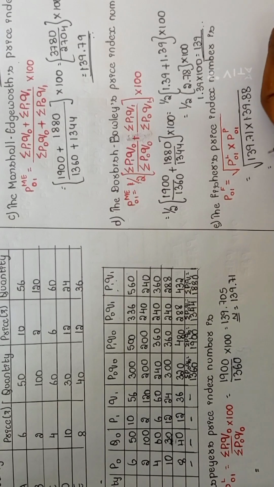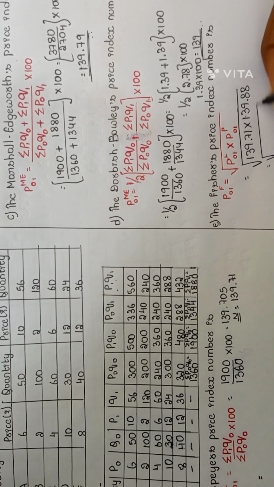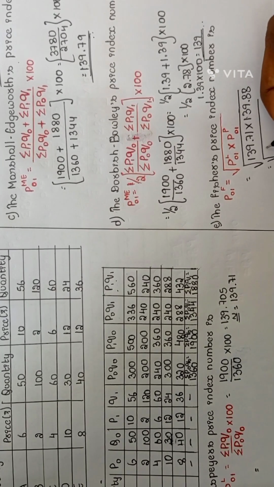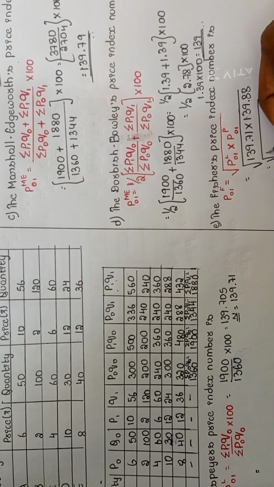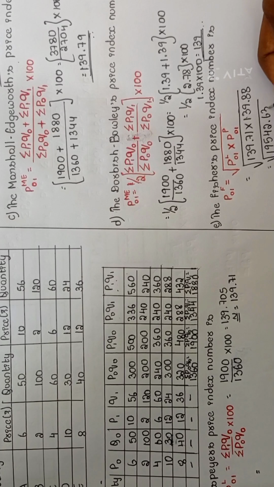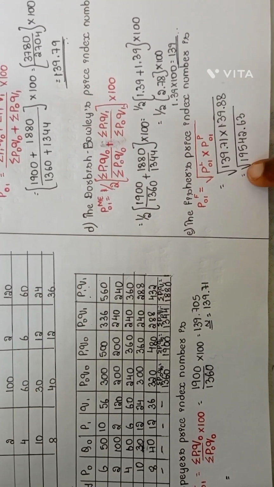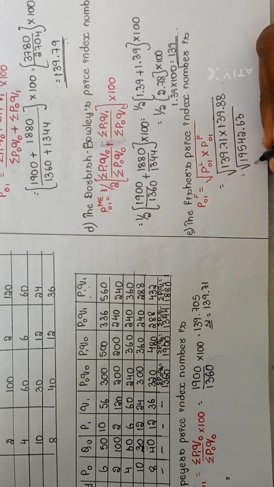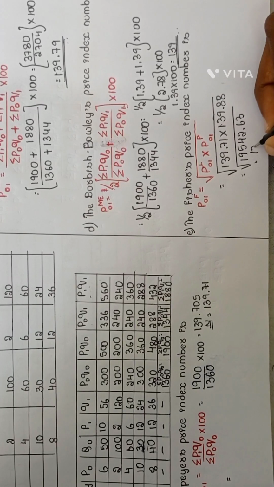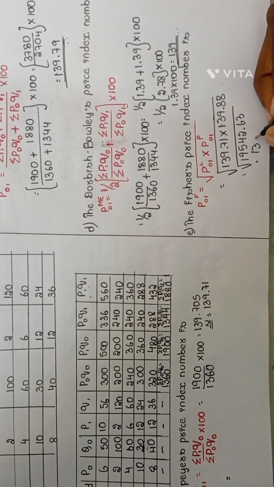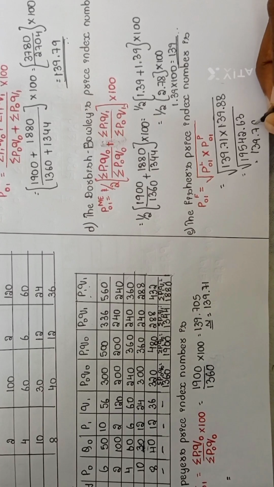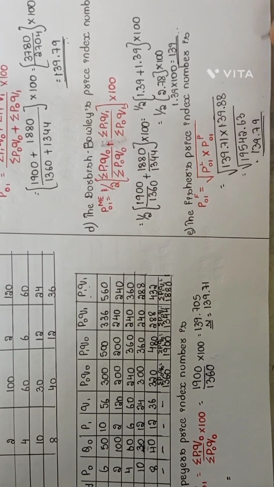So we have to multiply first. So if we multiply, the answer will be 19,542.63. So if we do the root square of this, we will be getting the answer of 139.79. Okay.